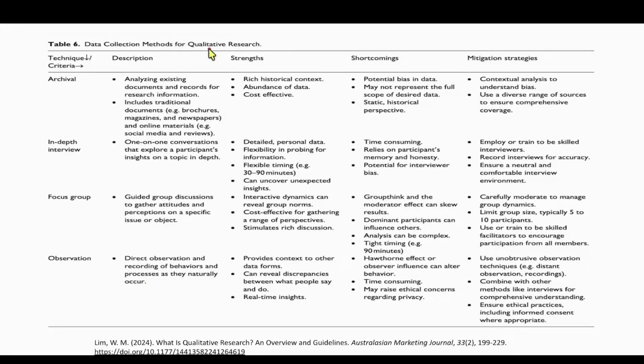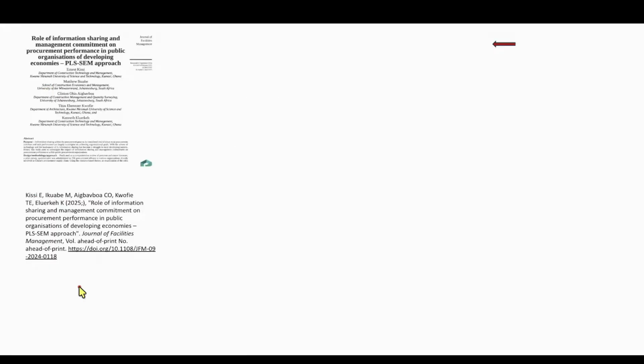Now if it's a qualitative one, again, a few things we have to discuss in detail. If it's archival, how to do it and how to write it, we have to specify that. If it's an in-depth interview, we have to specify that. If it's a focus group or an observation, we have to clearly indicate that. So we should have brief knowledge about it.